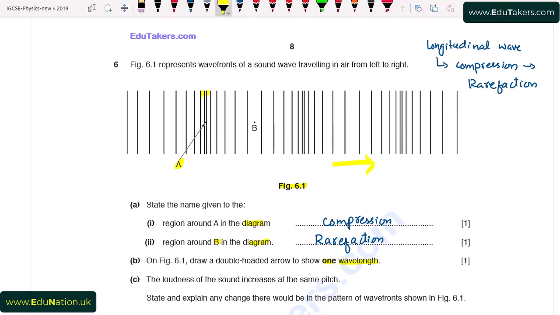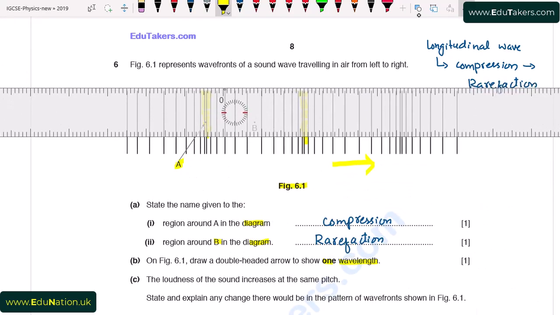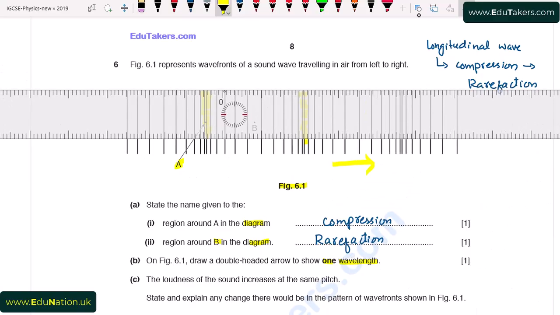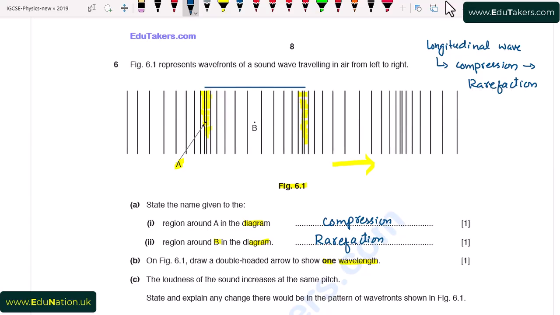I consider this section, that is compression, and the next compression is at this point. So the distance between these 2 compressions is equal to wavelength. I am going to draw a double-headed arrow. So this distance is equal to wavelength and I represent it with lambda.